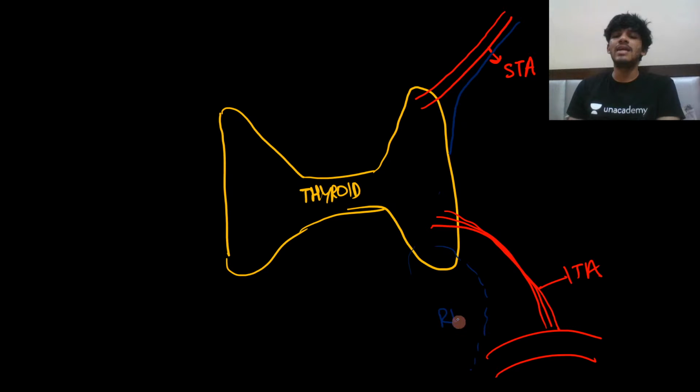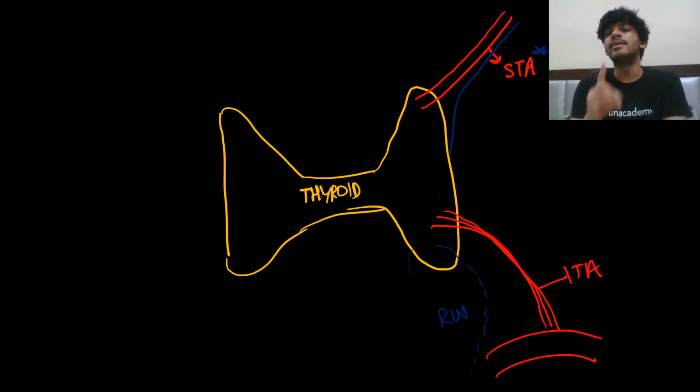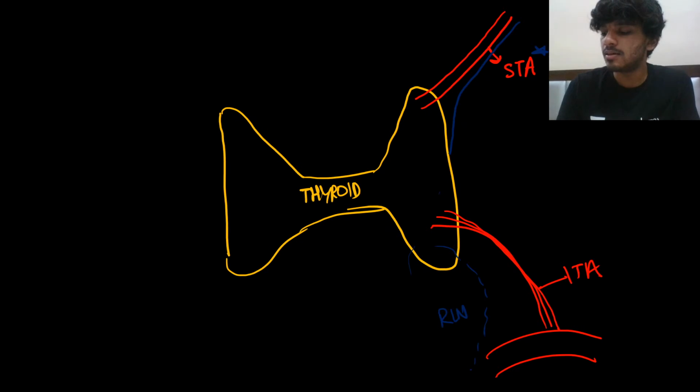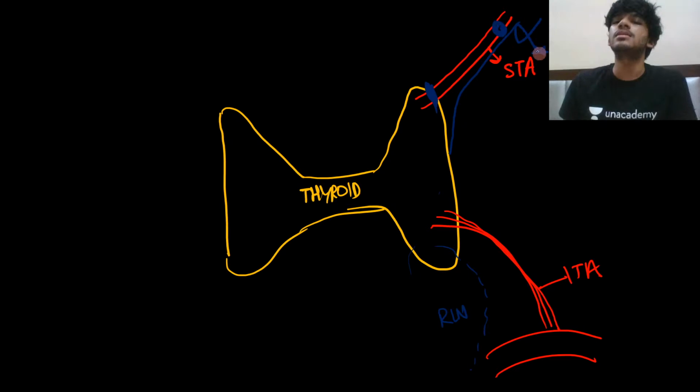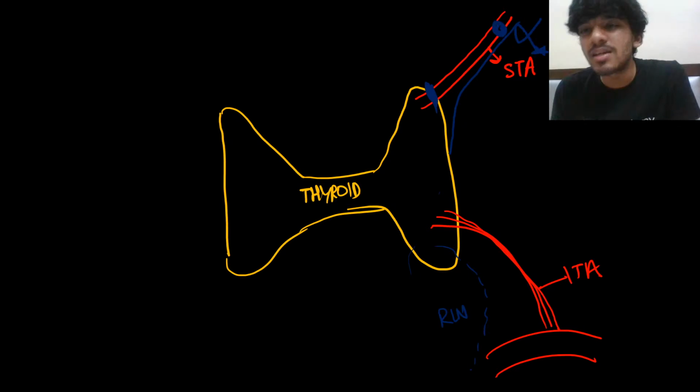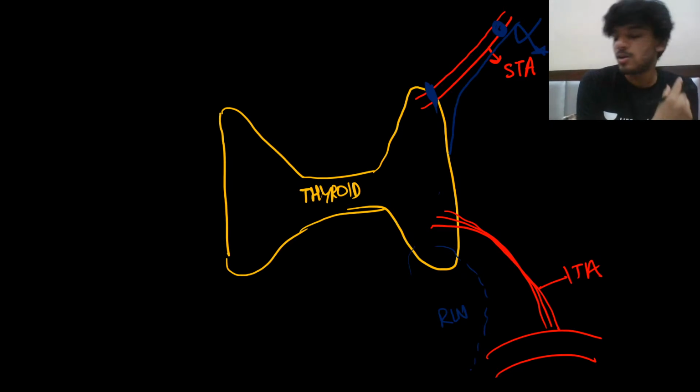Because there you will not damage the recurrent laryngeal nerve. Superior thyroid artery always has to be ligated during a thyroidectomy. Alright? And you have to ligate it as close as possible to the gland. Why? Because here the external laryngeal nerve has deviated away from it. If you ligate it here, you will also injure the external laryngeal nerve. So you will injure the cricothyroid muscle. You don't want to do that. So that is why you always ligate it as close as possible to the gland.